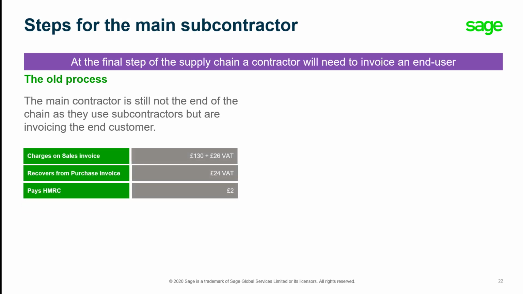Under the old process, they would recover the £24 VAT charged by the larger subcontractor, and on their invoice to their customer, they would invoice £130 plus £26 VAT. Again, this means that they would owe HMRC £2.